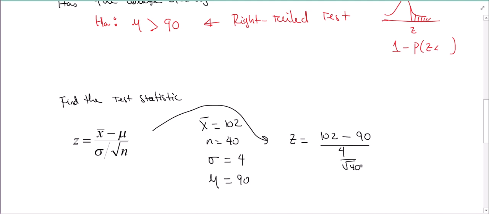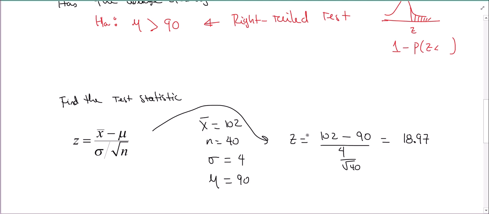So Z is going to be X bar minus mu over sigma over the square root of n, so 102 minus 90 over 4 over the square root of 40. Let's do that on our calculator, and we get 18.97. Even back when we were using the empirical rule, a value was unusually high if we were more than 2 standard deviations away from the mean based on Z-score.